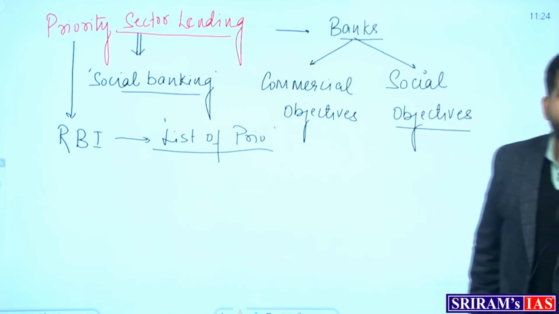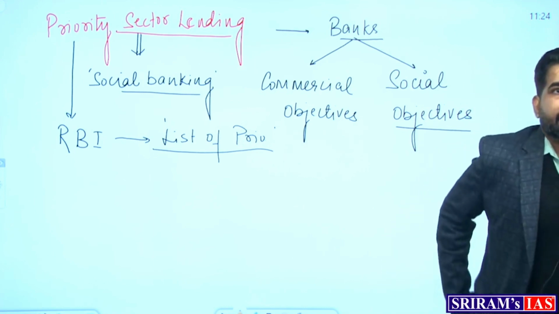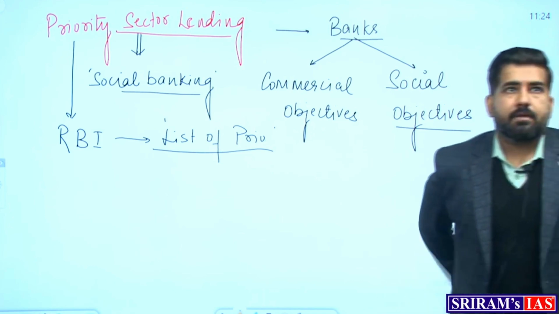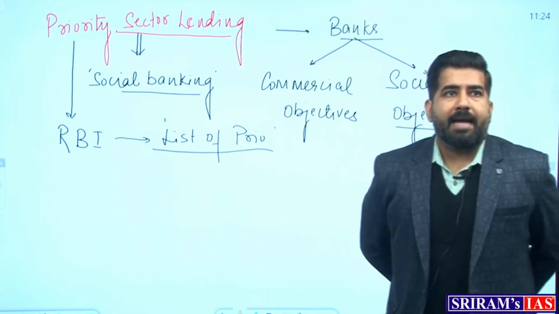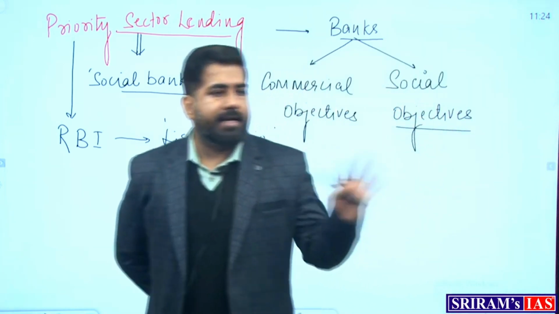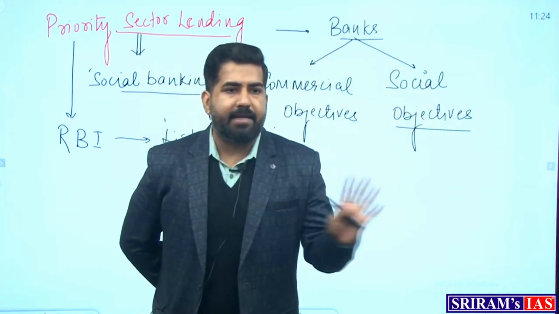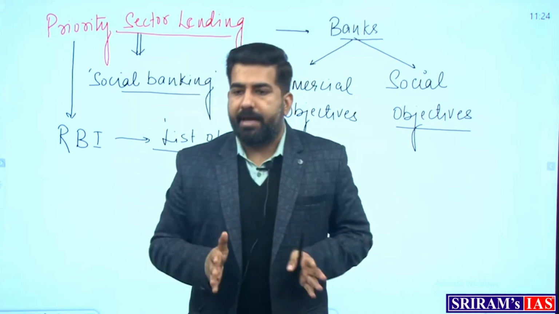First is priority sector lending, write it down. There is a doubt about Nivek. The priority sector is not decided on an annual basis or every 5 years. Nothing like that. It's the list which has been prepared by the RBI.